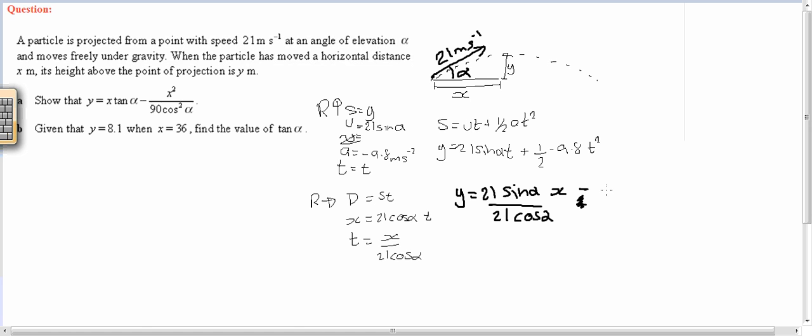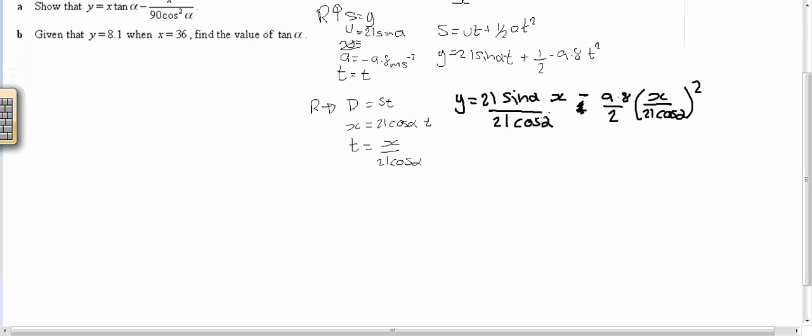So minus 9.8 over 2 times x over 21 cos alpha, and that is squared.